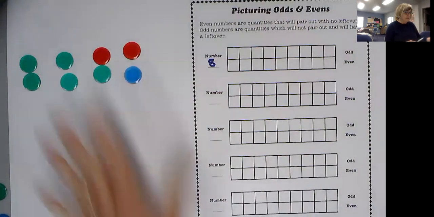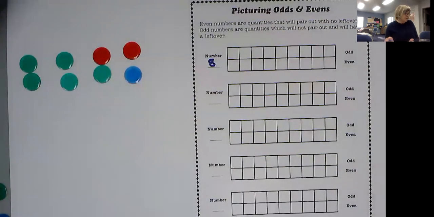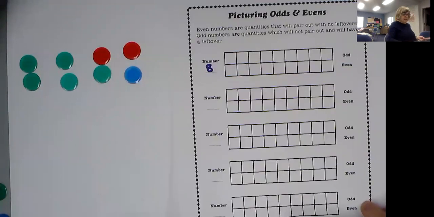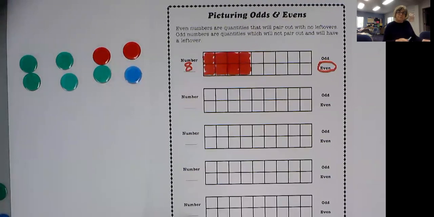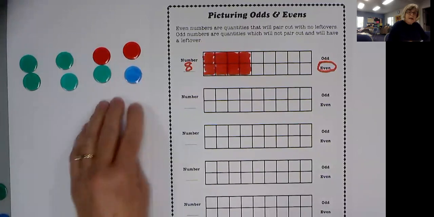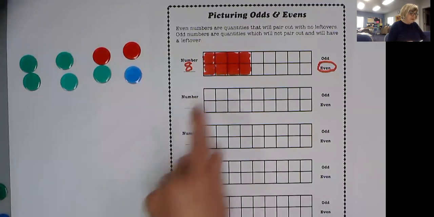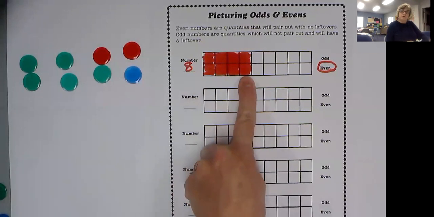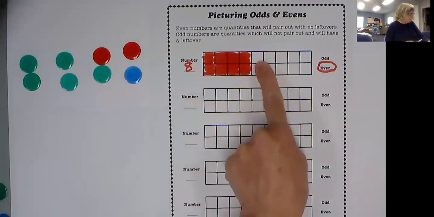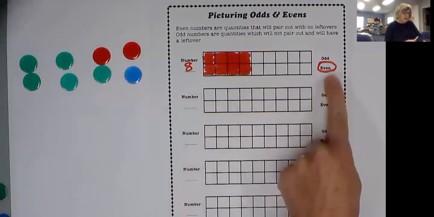So I see that I have 4 groups of 2. Do I have any leftovers? No. So what I'm going to do is I'm actually going to take on my data sheet and transfer. So I have a picture that shows my 4 groups of 2. Because I don't have a leftover, I would circle even because even numbers will pair out without leftovers.